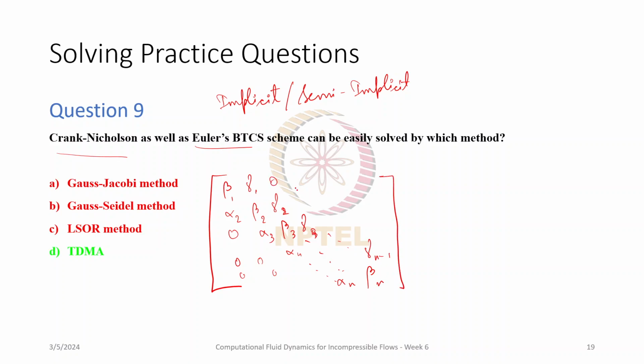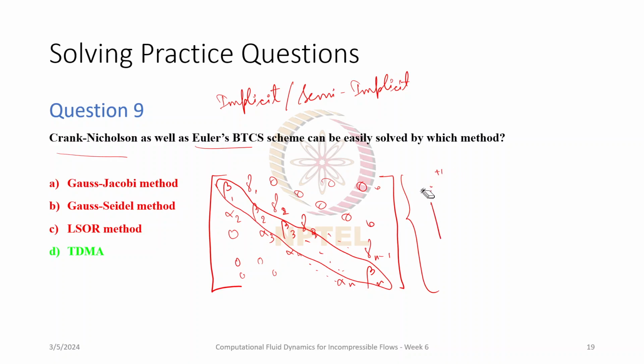And again, all these are 0 above these diagonals. So we have a main diagonal of betas, and we have super and sub diagonals of alphas and gammas, and this is multiplied by the unknown phis.